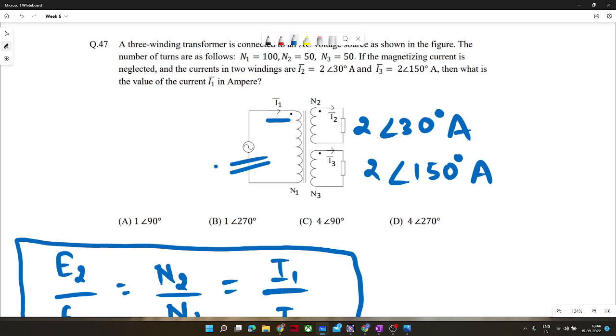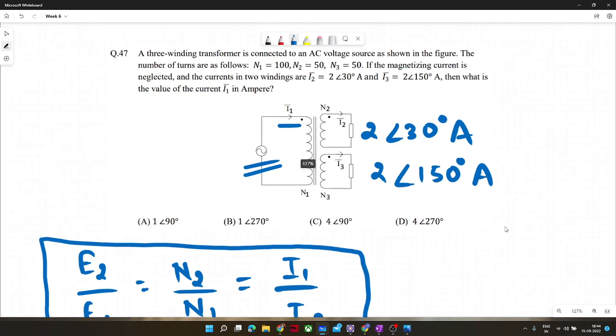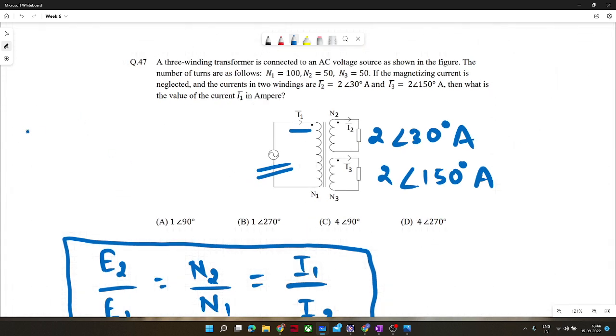We can apply the superposition theorem as well. I1 is equal to, let me transfer it to the primary side, from the transformation ratio, I2 into N2 by N1.